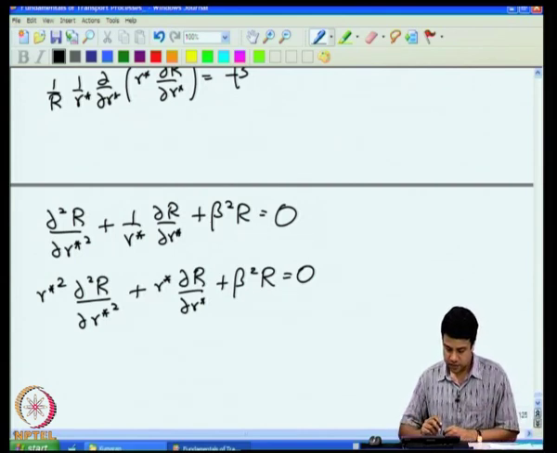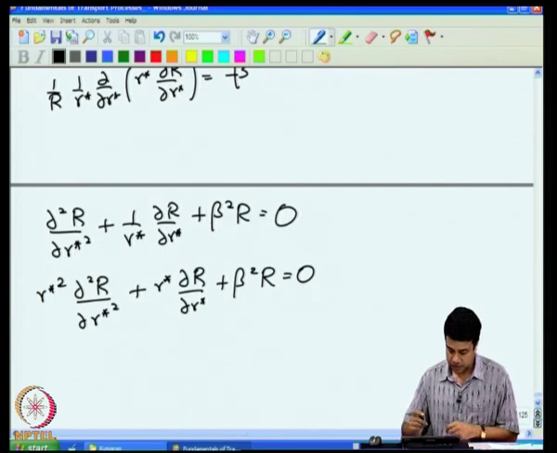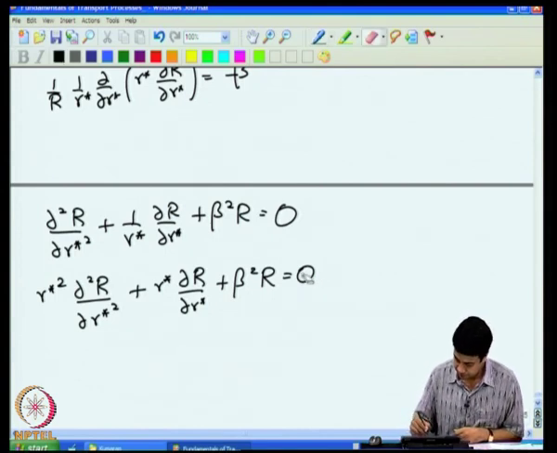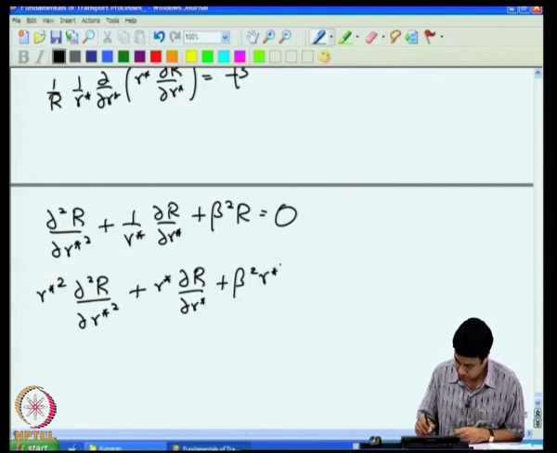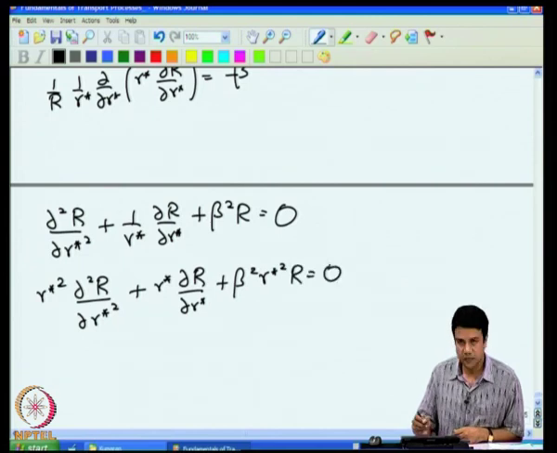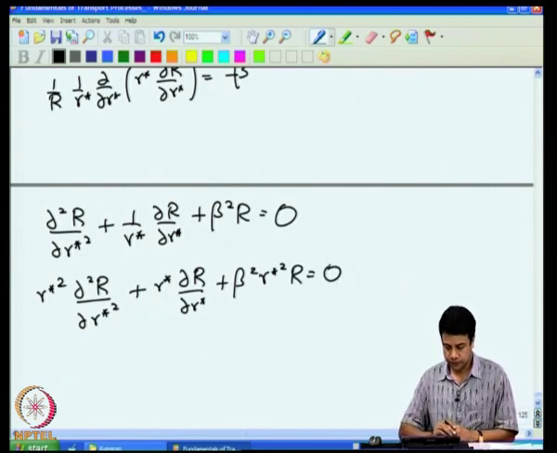I can reduce this a little bit. Now, I can remove this parameter beta in this equation.